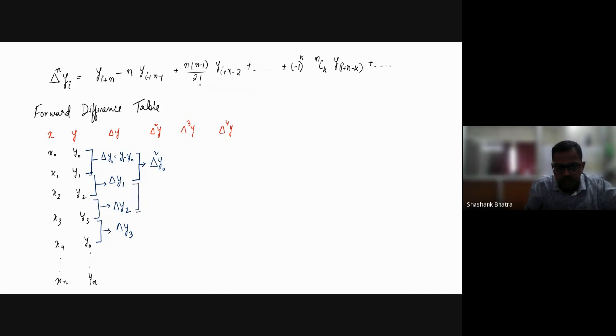That means this one as well as this one, delta y1, delta 2 y2. And as I move on and on, again the same process, this minus this, it will result into the third order forward difference.